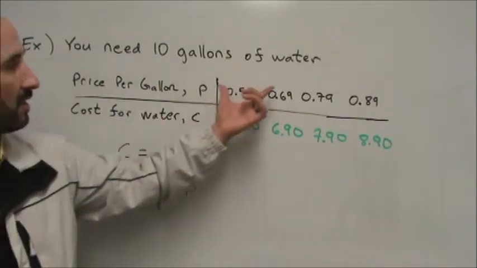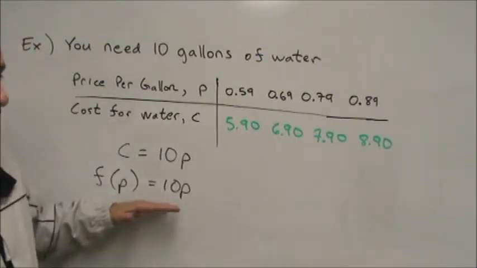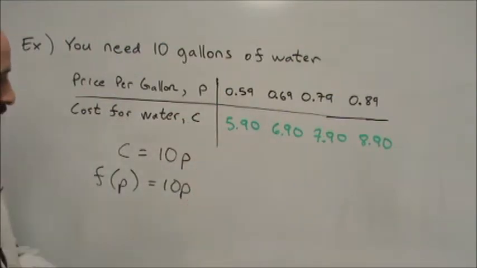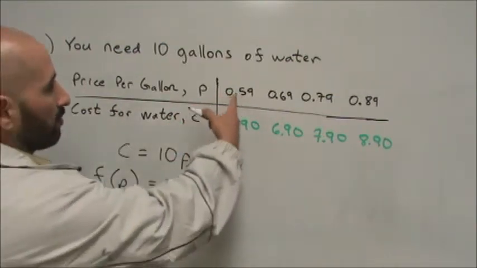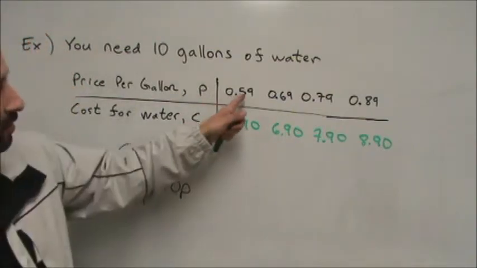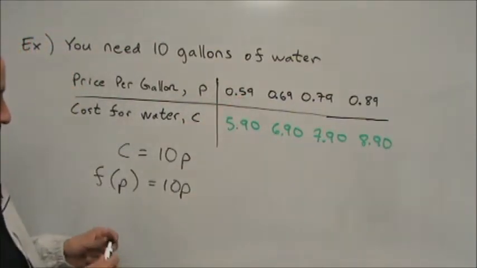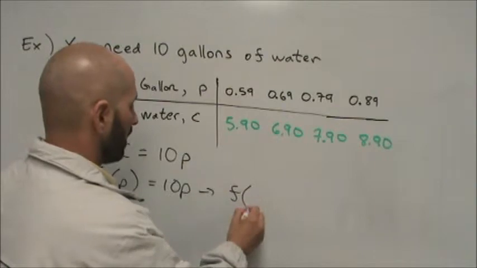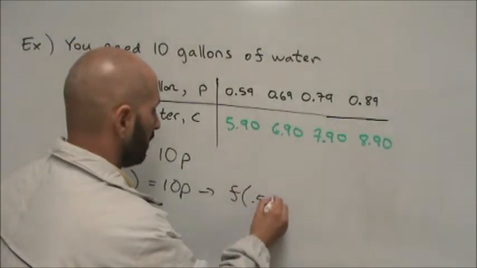And so each of these values here can be written in function notation or calculated this way. If I was going to calculate an input value of 0.59 using function notation, I would do this.